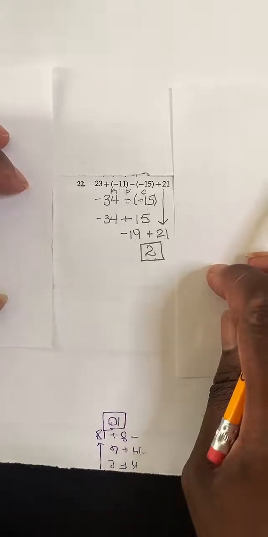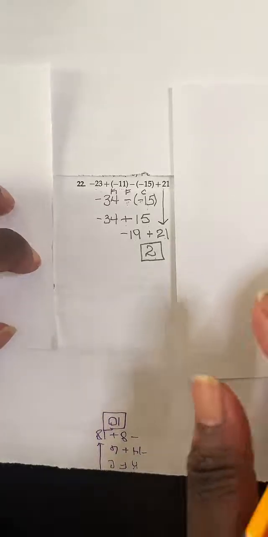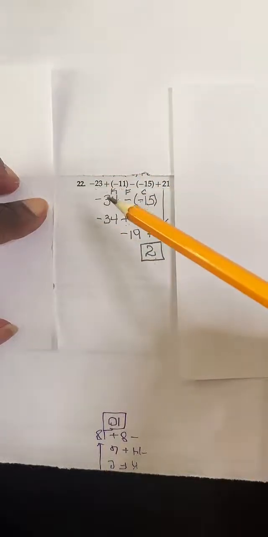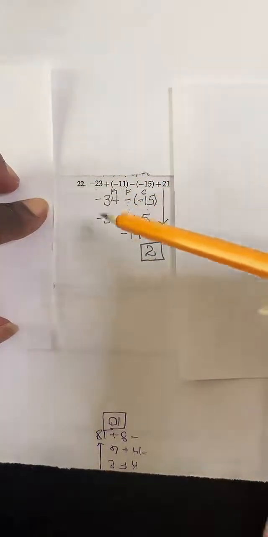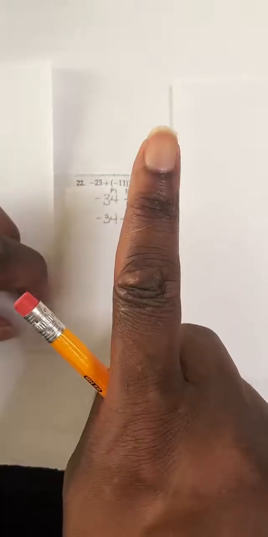Now for the ACTs, I like the ACTs better than the SATs. The SATs basically take what you're learning in class and make you think outside the box, so it'll do a combination of stuff in one problem.